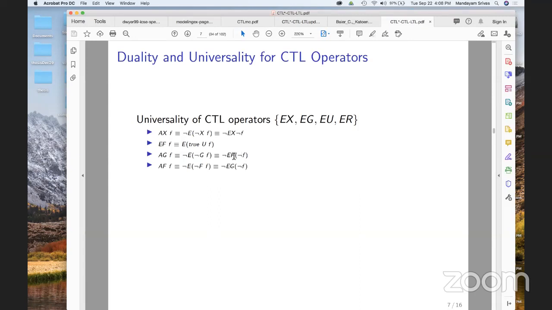And you can get rid of this EF with this U operator. So EF, and from there you can get rid of the F to get in terms of U.